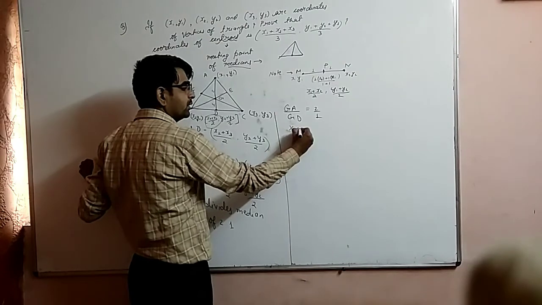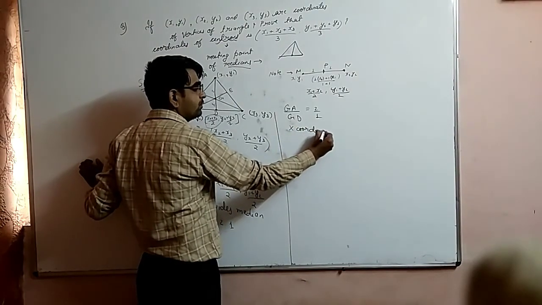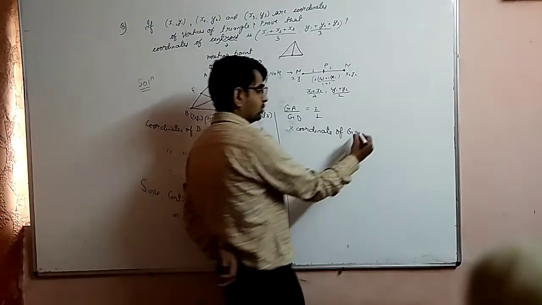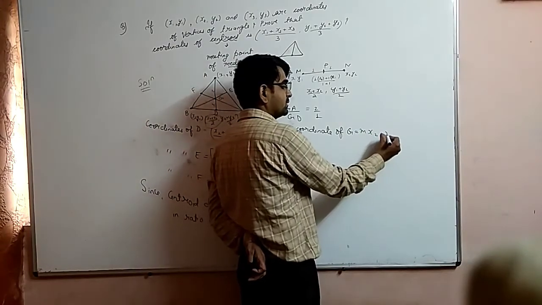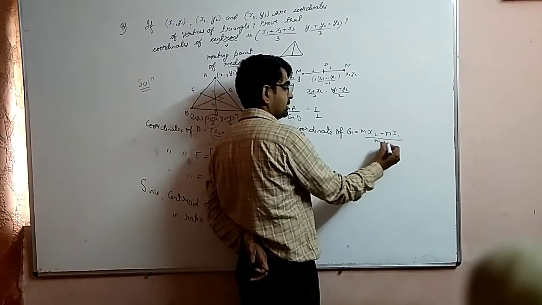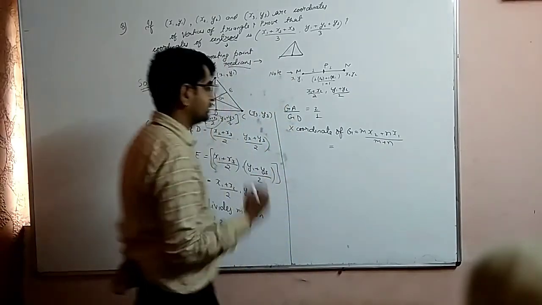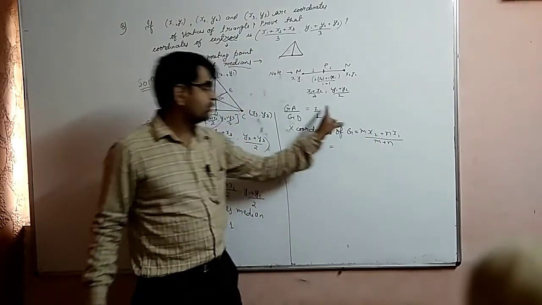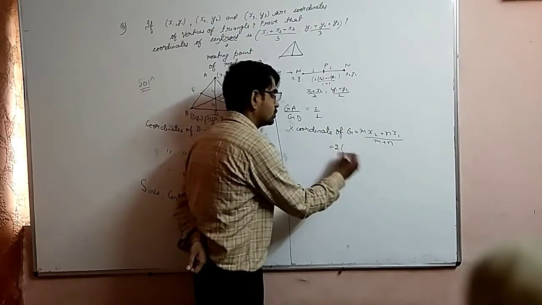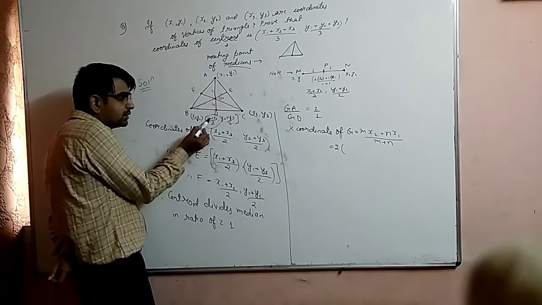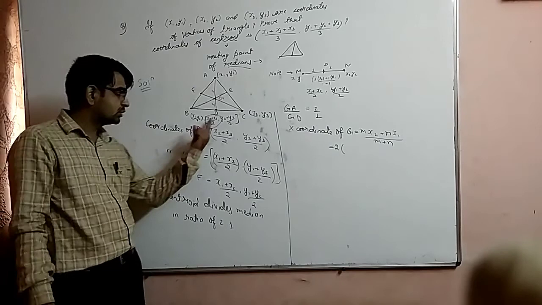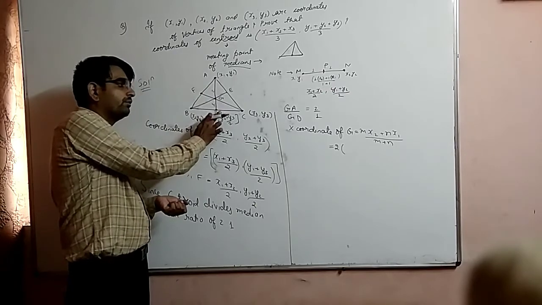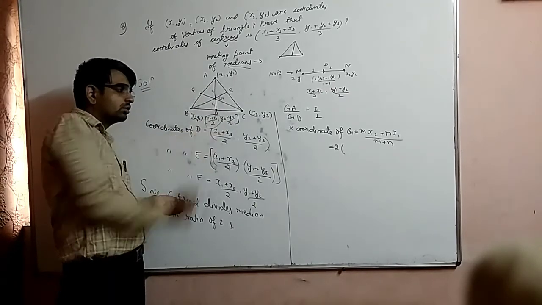Now therefore the x coordinate of G, according to the section formula, is m x2 plus n x1 by m plus n. Here m is 2. Instead of x2 we write x2 plus x3 by 2, because we are talking about D, so this will be x2 as a whole.